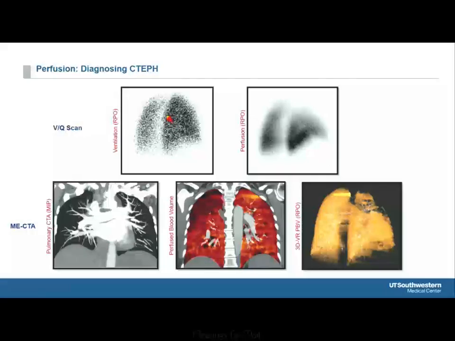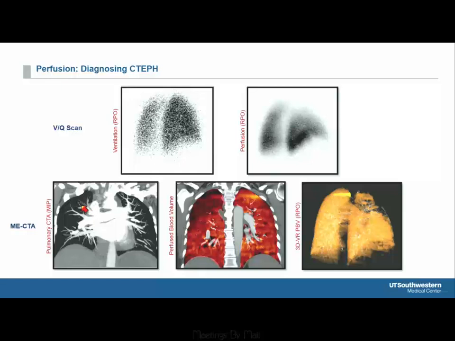Another case here, we have a ventilation scan on the left side and a perfusion scan showing a mismatched perfusion defect involving the apical and anterior segments of the right upper lobe. And in the same patient, one could have difficulty figuring out that this patient actually had a PE on this maximum intensity projection.